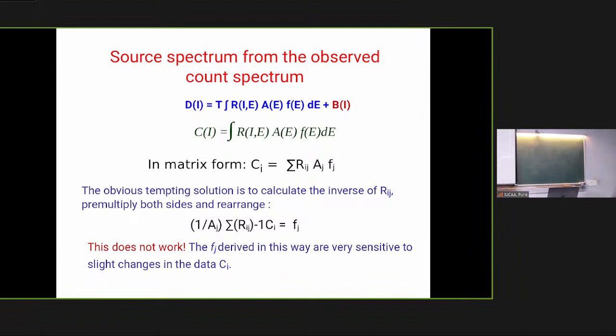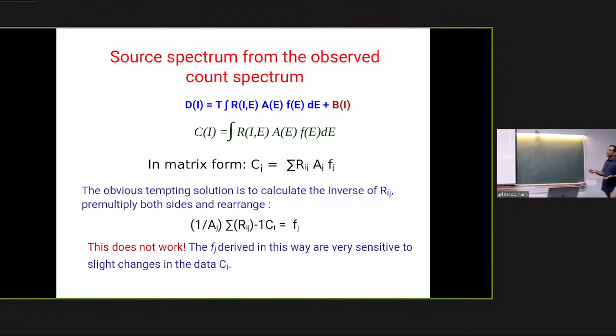So if you have obtained a solution for 25 counts in some channel, and it changes from 25 to 24, Poisson noise can cause that, and the solution becomes unstable. That has been shown by a lot of people.